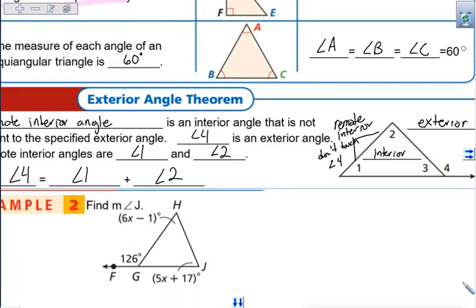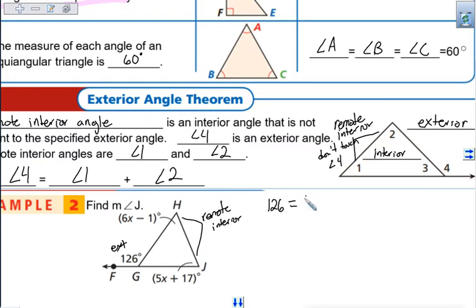So now we're going to use that theorem. We know that 126 is our exterior angle, and we know that these two other angles are our remote interior angles. So we're going to set it up. Our exterior angle, 126, equals our two remote interior angles added together.